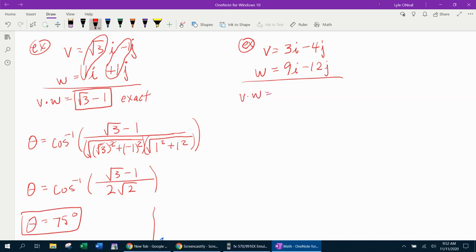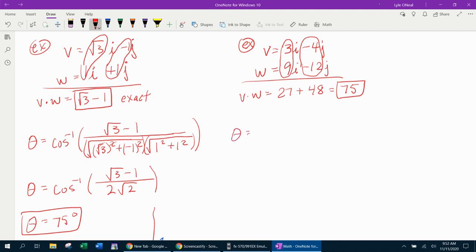So for the dot product, we're going to multiply the a's together. 3 times 9 is 27. We're going to multiply the b's together. Negative times a negative makes a positive. 4 times 12 is 48. And then adding those up, we're going to get 75. And that is our dot product.